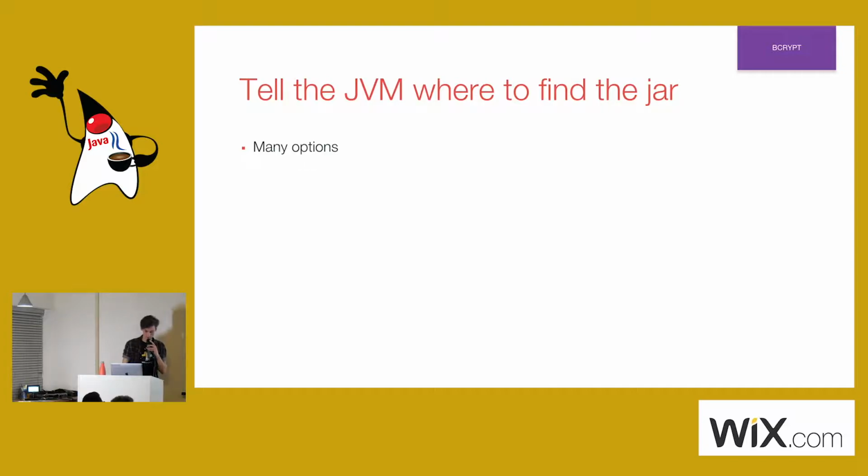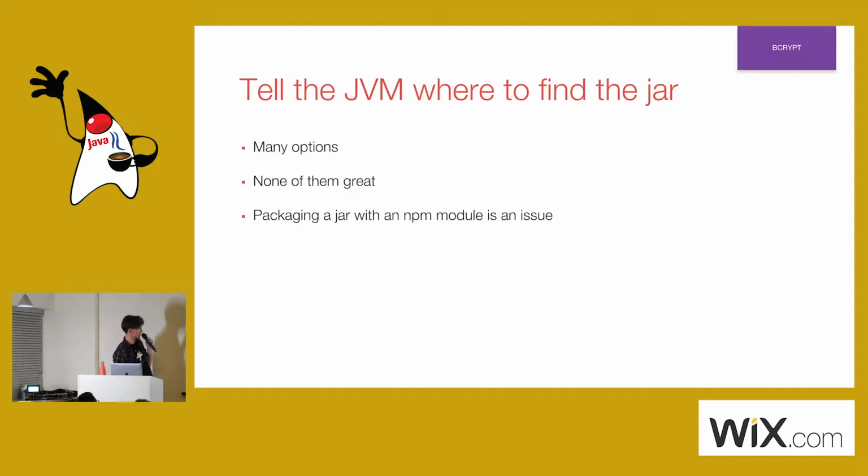But the reason I'm saying there are many options and none of them are great is that NPM and the JVM have different ideas about packaging and multiple versions of the same dependency. So if you went all out and had, say, 5 NPM modules wrapping JVM libraries, and you bundled all your transitive dependencies with those NPM libraries, you would probably get a class path conflict, and you would get method not found at runtime, which is always fun.